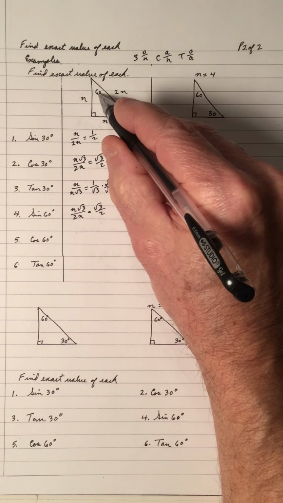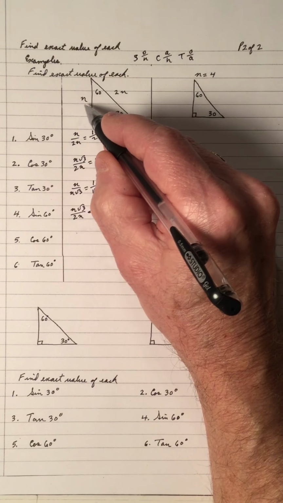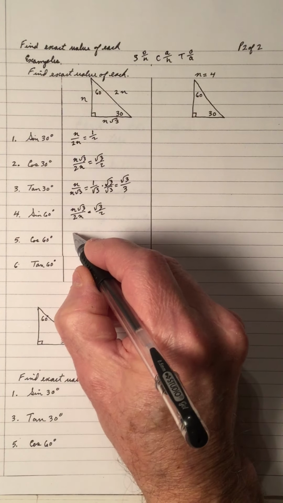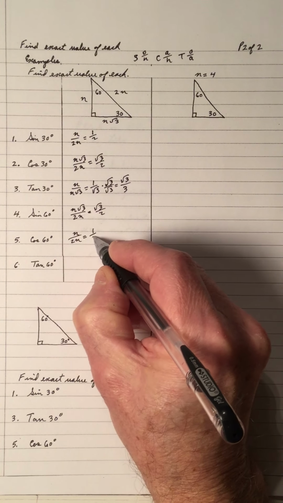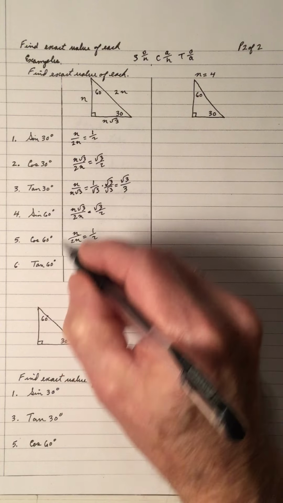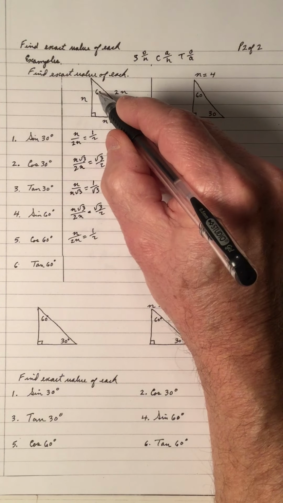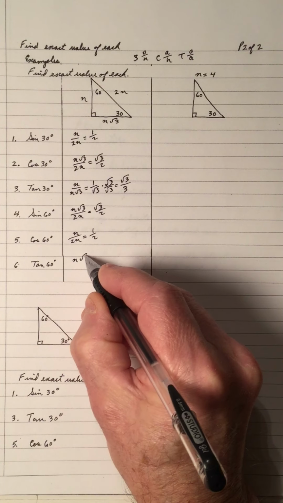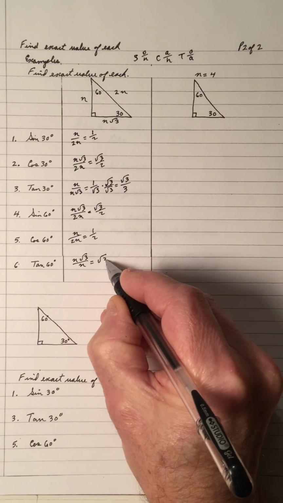The cos of 60, cos is the adjacent over the hypotenuse, so the adjacent is n over 2n, and the n's cancel out to give you 1/2. And the tan of 60, tan is opposite over adjacent, so it's n root 3 over n. The n's cancel out to give you root 3.